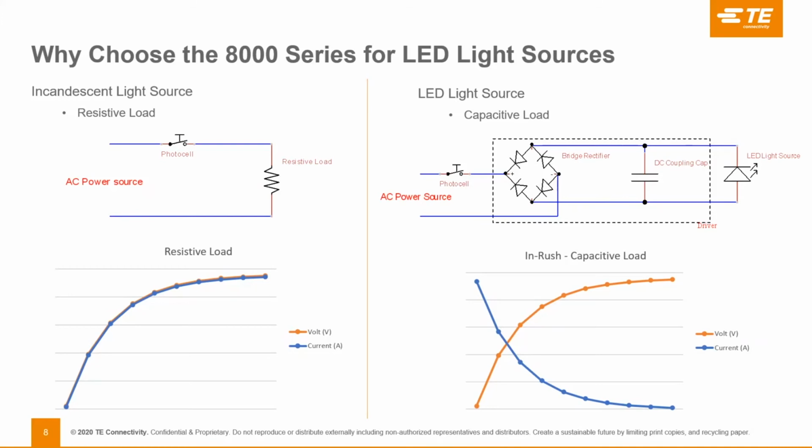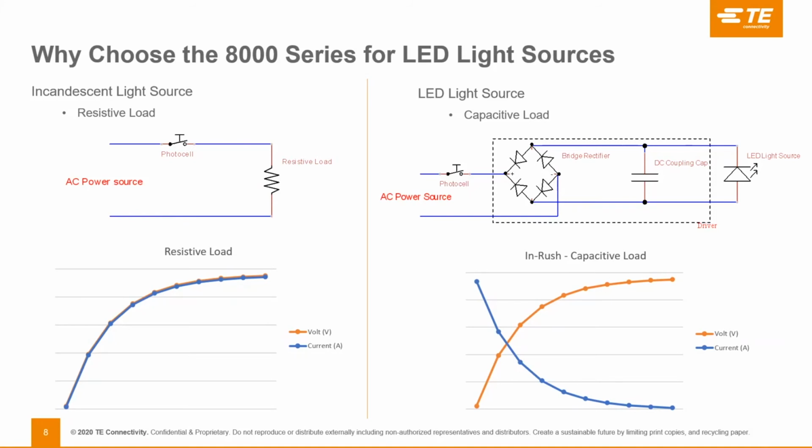The second diagram is for an LED light source, which is a capacitive load. This time, the AC mains is used to power a driver. The driver takes the AC waveform and uses a bridge rectifier and a DC coupling capacitor to create a constant current output to power the LED light source.